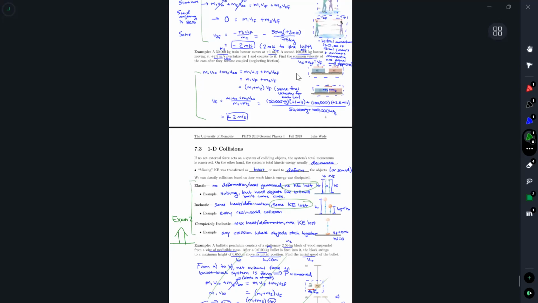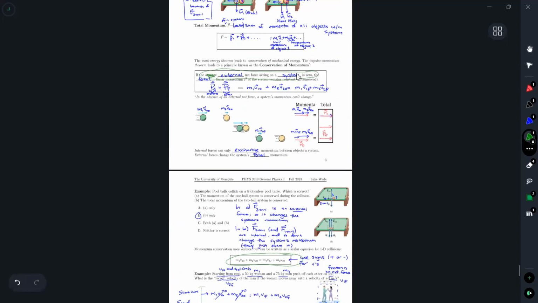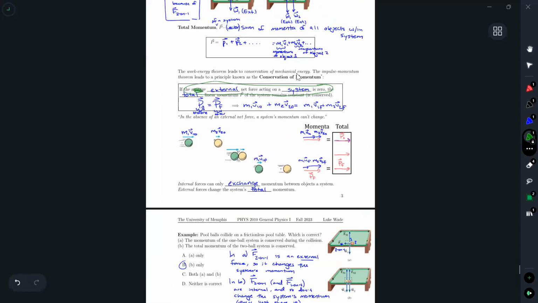It just depends how that total got redistributed, in the same way that the total momentum of your system, the red vector here, doesn't change, but how much of it is the momentum of one object versus the other can change. It gets transferred, handed off from one to the other.